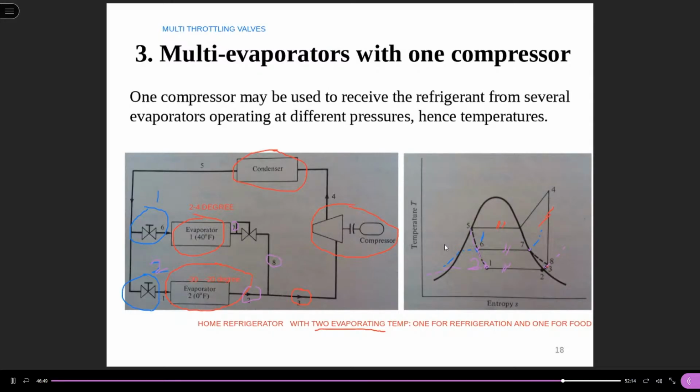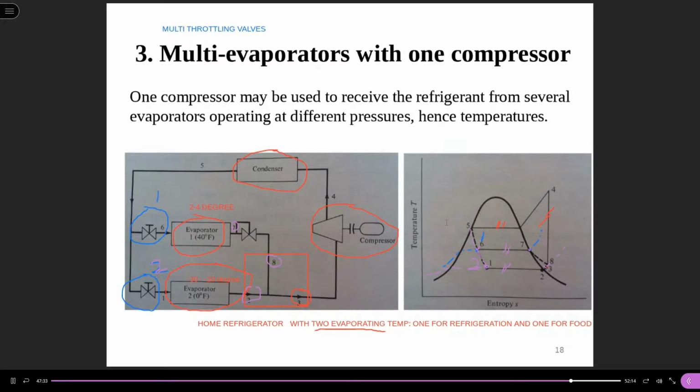State 3 is not the low pressure from the low evaporating temperature evaporator; 3 is a mixing of state 2 and 8. Then state 3 will be sucked into the compressor for compression again. So this is the construction of the cycle of one compressor and one condenser serving 2 evaporators.